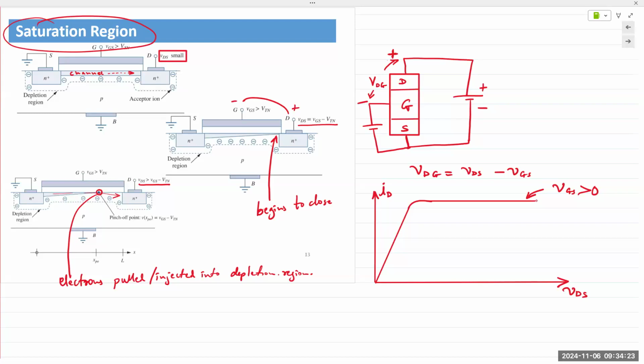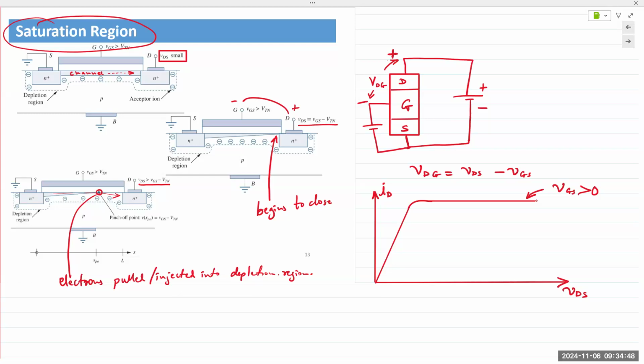Remember, current only flows due to the presence of freely moving charge carriers. The depletion region has a net negative charge because of the immobile acceptor ions. So it has negative charge, but they are not free to conduct. They are not free to move about. Electrons from the channel cross over into the depletion region.